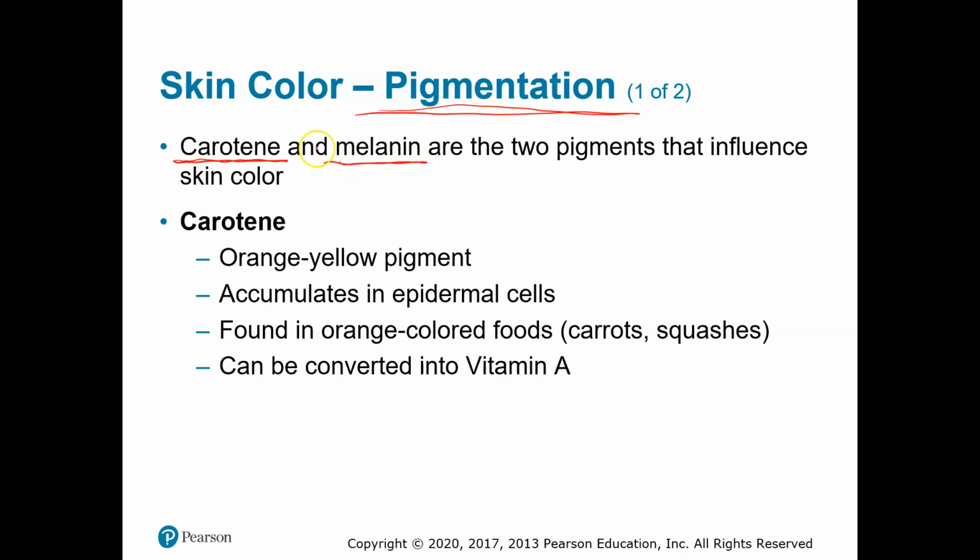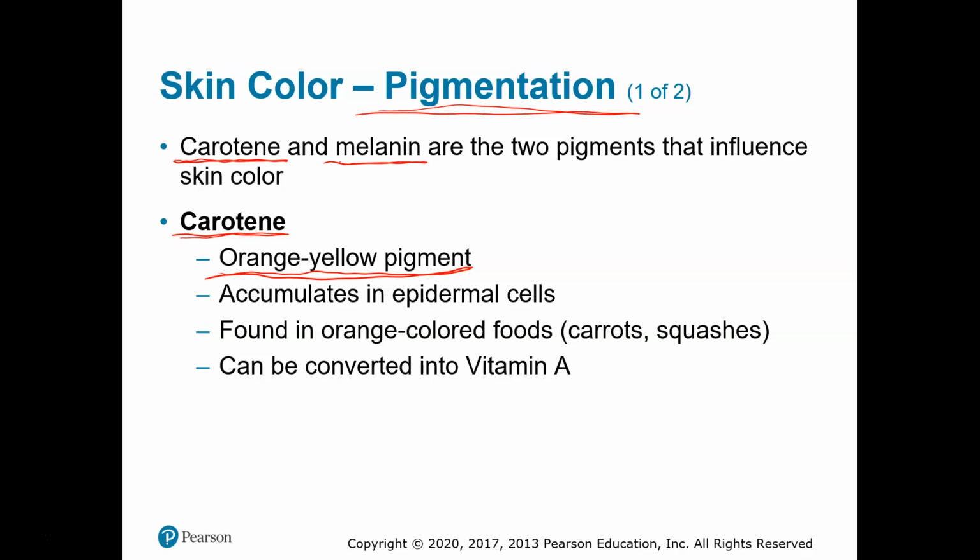And melanin is a brown pigment, can be very dark brown, but it can also have some red brown in it. Keratin, as you might expect, is an orange yellow pigment, the same orange yellow pigment that you find in yellow and orange vegetables, carrots and squash and sweet potatoes.